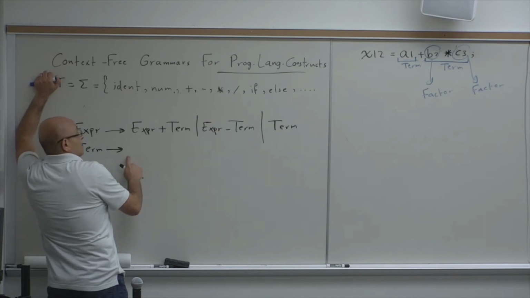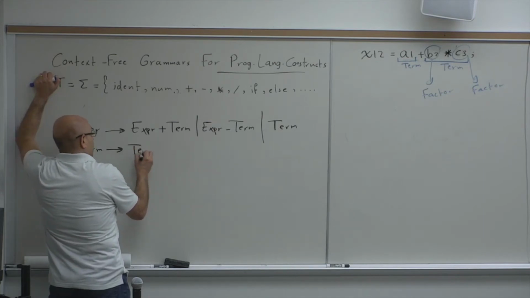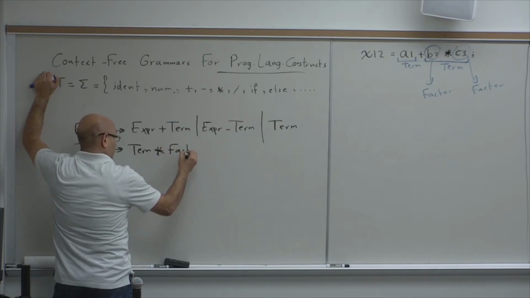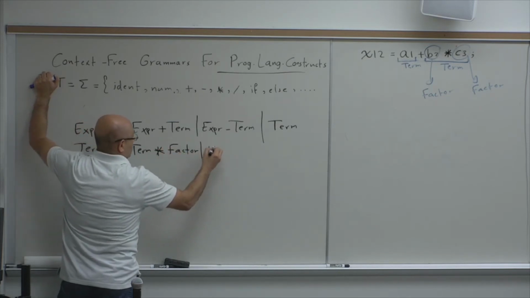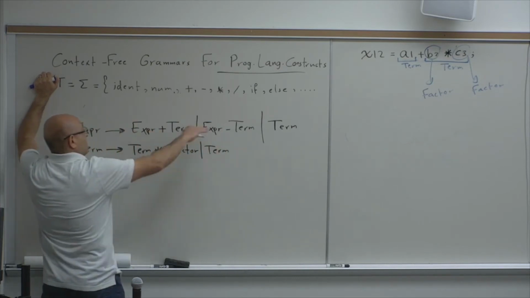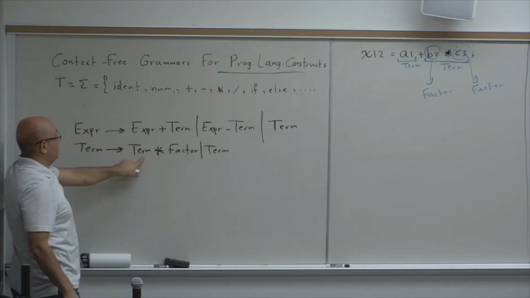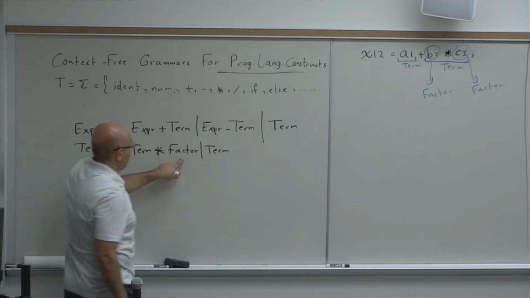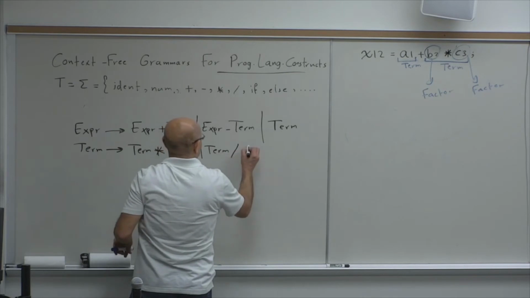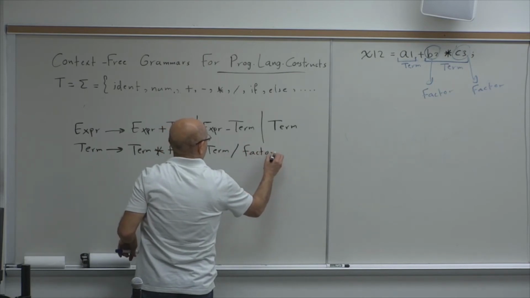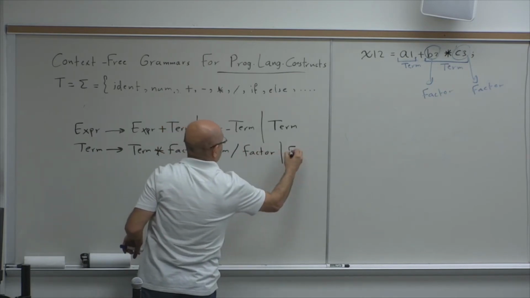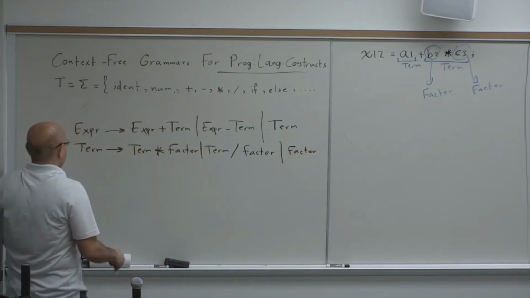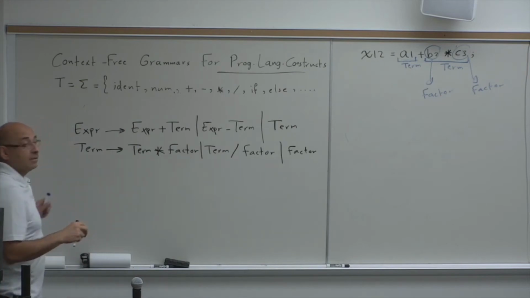A term is term multiplied by factor, or term divided by factor, or factor. It's just the same thing but on a different level. So here, instead of saying expression, I say term.